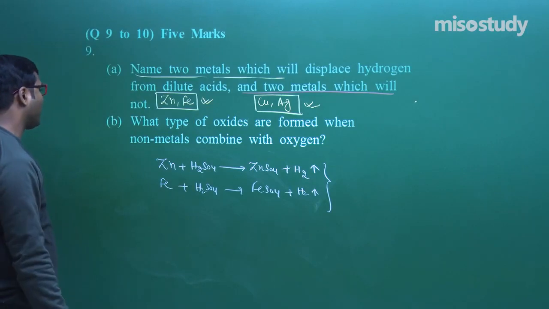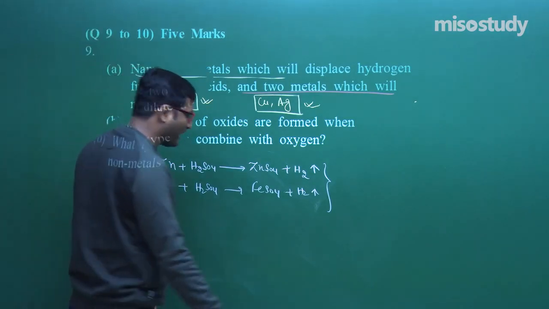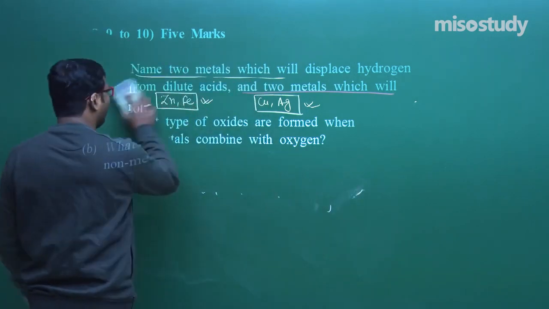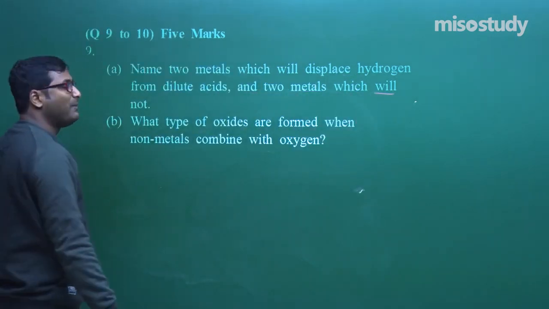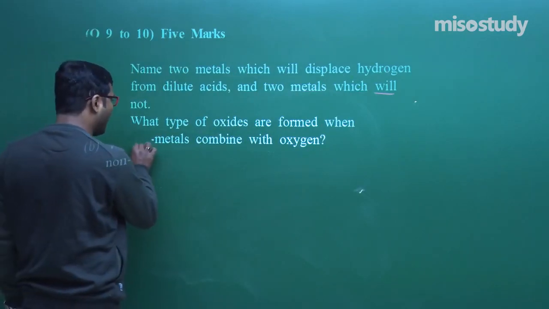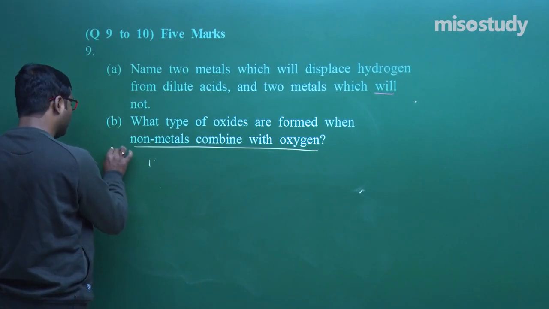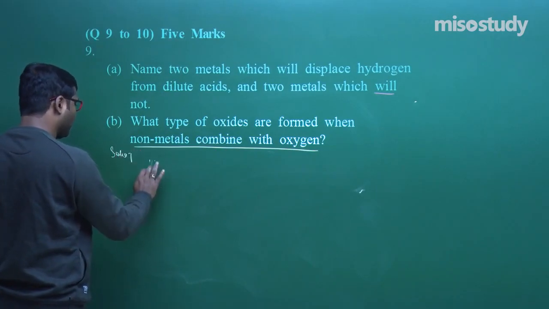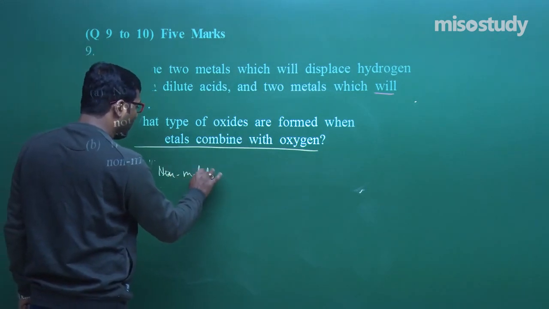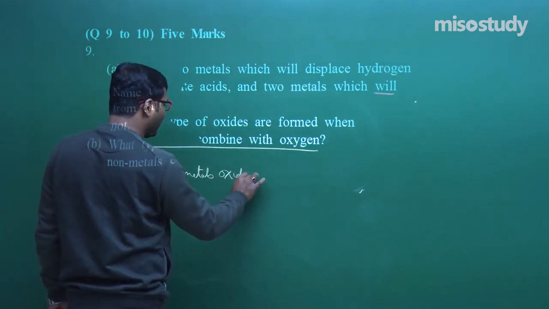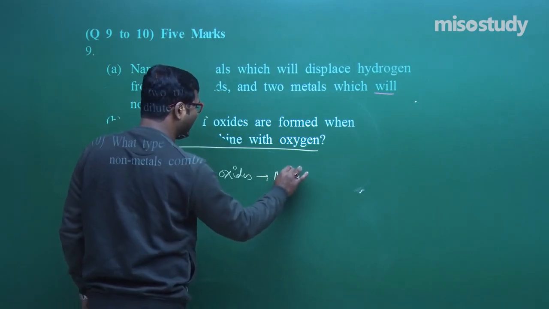The next part is, what type of oxides are formed when non-metals combine with oxygen? This is your question. We all know metal oxides are basic in nature, but non-metal oxides are acidic in nature.